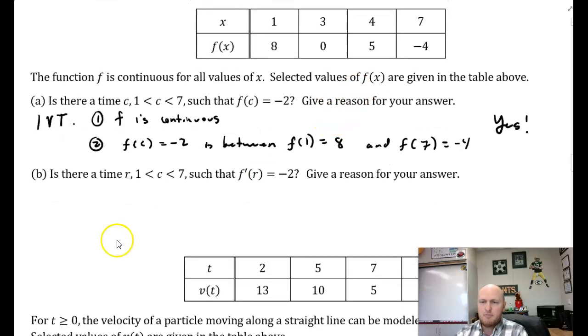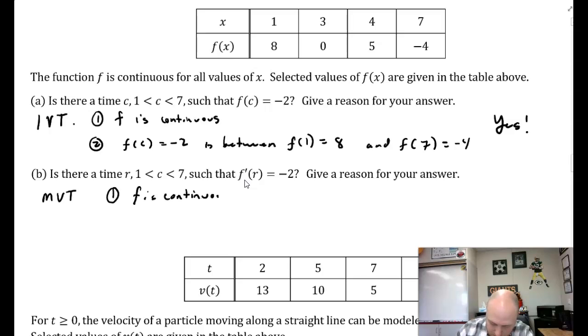B, is there a time r, 1 less than r less than 7, such that f prime of r is equal to -2? Give a reason for your answer. So here they're asking for the instantaneous rate of change of f. Okay, well, this is going to be the mean value theorem, because they're asking about instantaneous rate of change. So, can it be applied? Well, number one, is it continuous? Yes, f is continuous. Okay, and it's specifically on the closed interval 1 to 7.